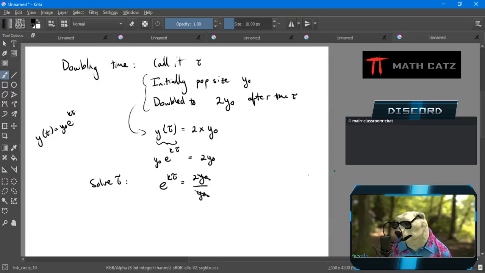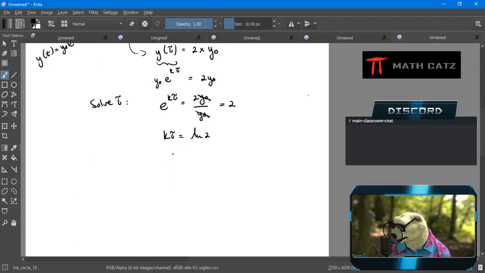It didn't matter if it was 500 or 10,000 or anything. I just get a 2. So k times tau is natural log of 2. So my doubling time is natural log of 2 over k. This is completely independent of how much I started with of my initial population size.